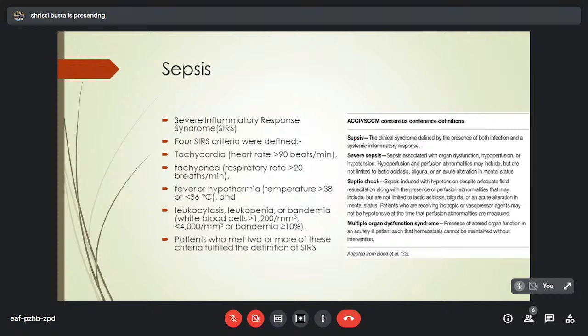Multiple organ dysfunction syndrome is, however, associated with the presence of altered organ function in acutely ill patients, such that homeostasis cannot be maintained without any interventions.